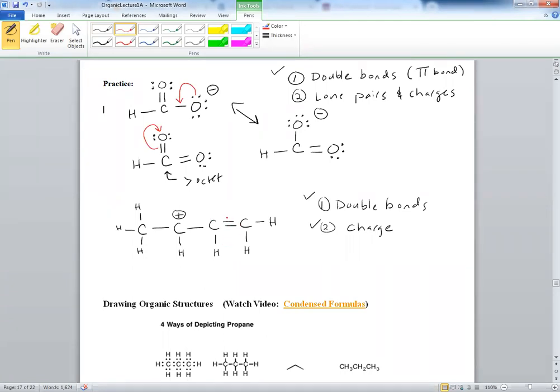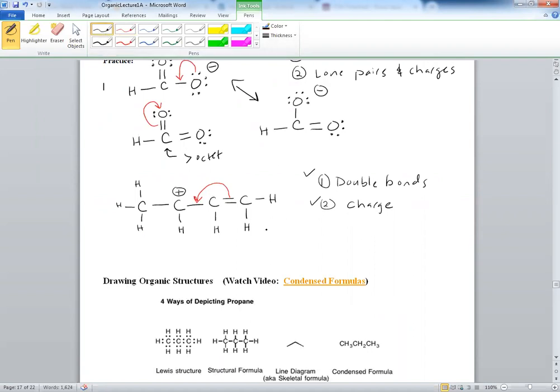Yeah, you can move this bond over here. I'm going to put the arrow up, down like this. So I move the double bond now between these two.